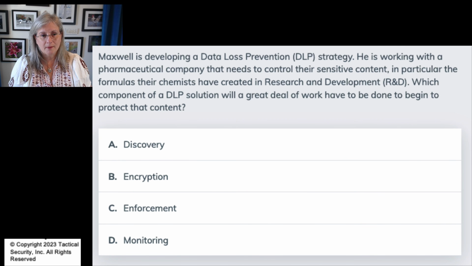So discovery, monitoring, enforcement, encryption would be the order that those could show up in the real world. So looking at that, the best answer, go back to the question, will have to be done to begin to protect that content. The beginning is discovery.